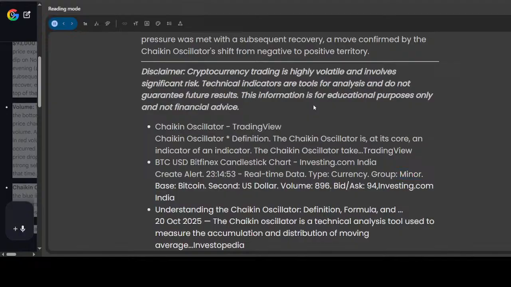Base: Bitcoin. Second: US dollar. Understanding the Chaikin oscillator: definition and formula. The Chaikin oscillator is a technical analysis tool used to measure the accumulation and distribution of a moving average. Investopedia.